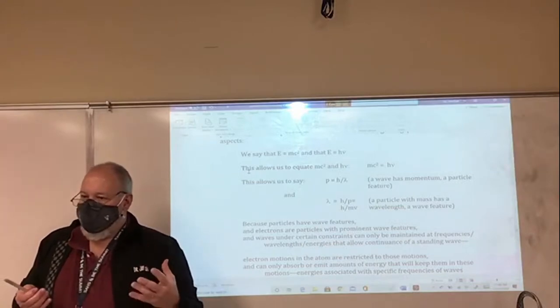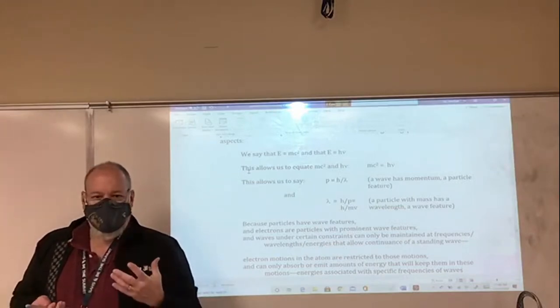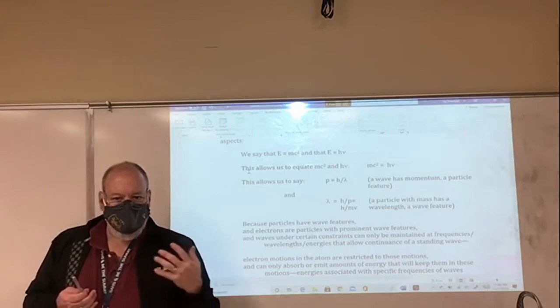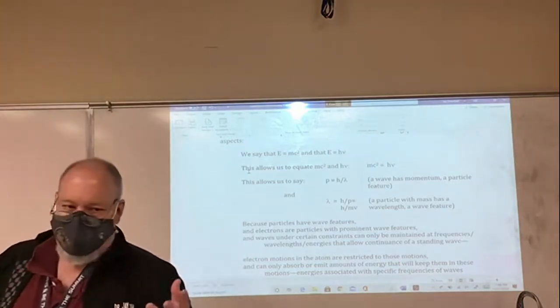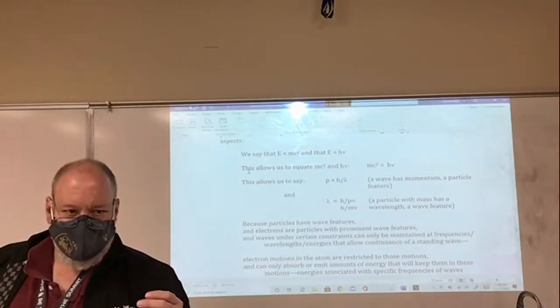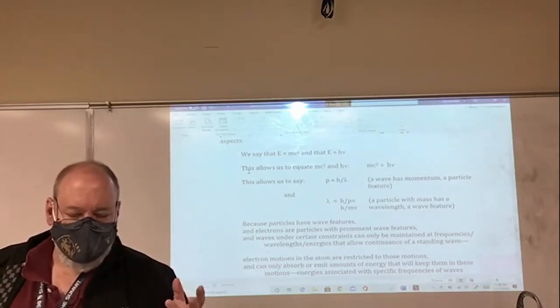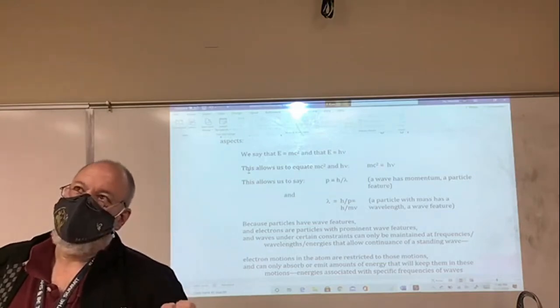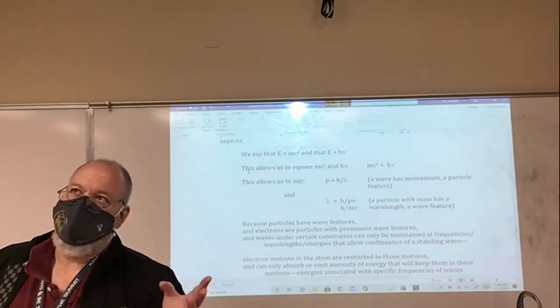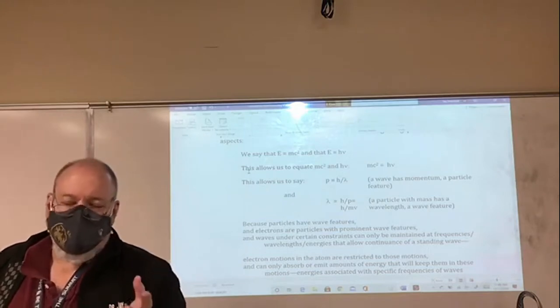On the other hand, our size is so much greater than our wavelength. If we travel, our wavelength is going to be in the range of 10 to the negative 30 something. I don't even know what those numbers are, sextillions, heptillions, octillions, nonillions, I don't know what we get into.